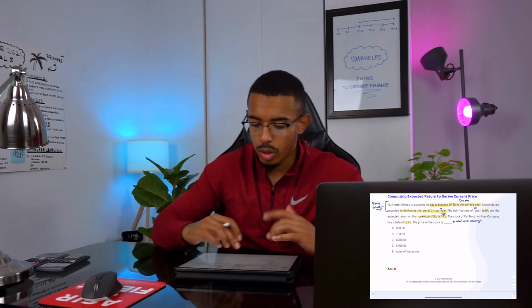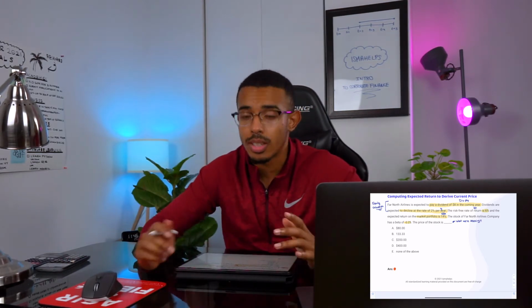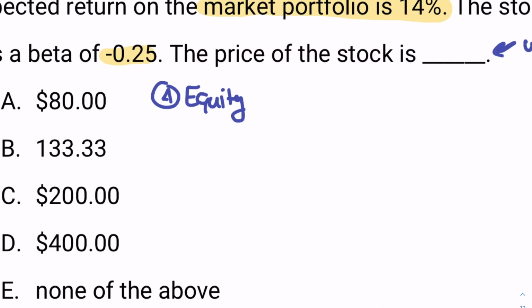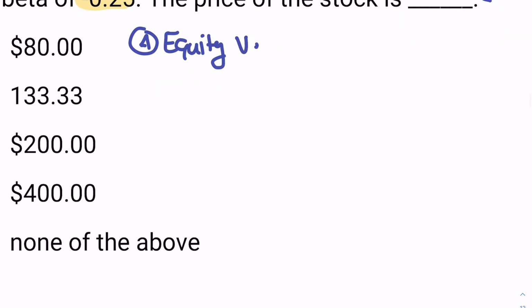So just like that, we know that we could be dealing with two concepts, either A, equity valuation. And I'm going to zoom in just to make this a little bit clearer for you guys. So equity valuation. Or B, CAPM.